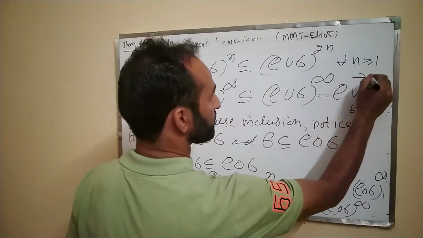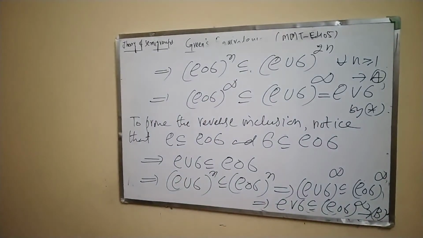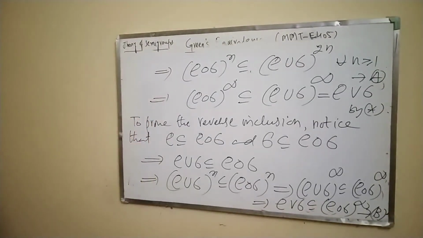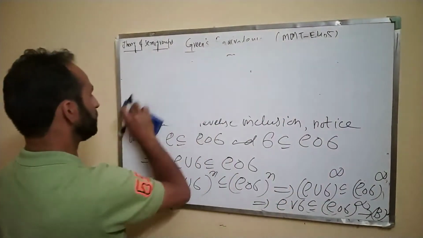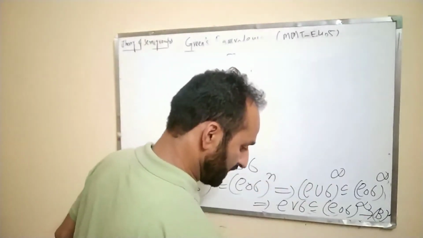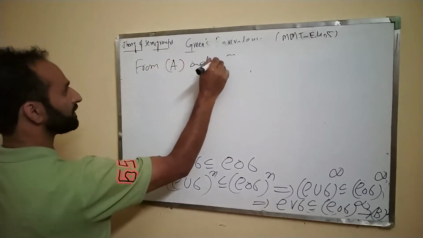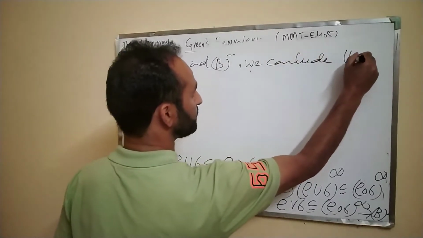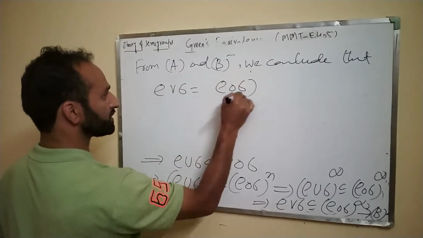So name it A, and name this one B. From A and B, we conclude that rho join sigma is equal to (rho composition sigma) power infinity.